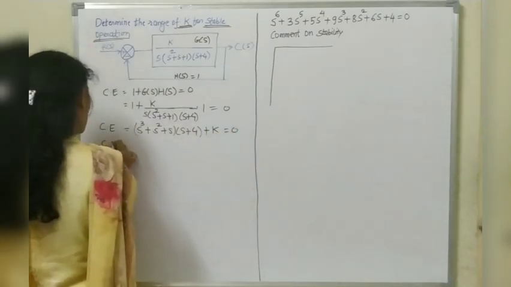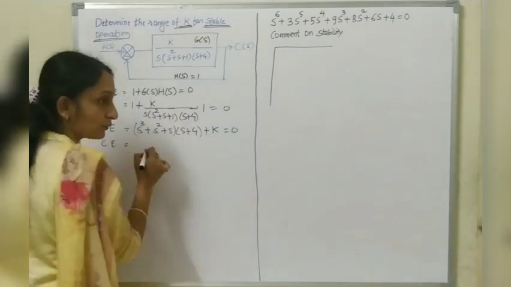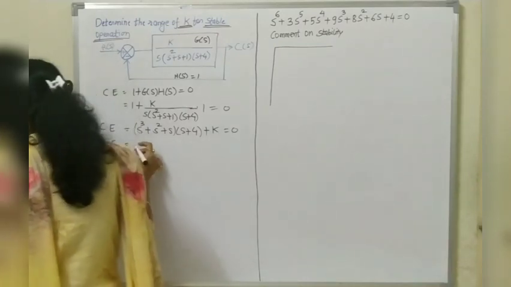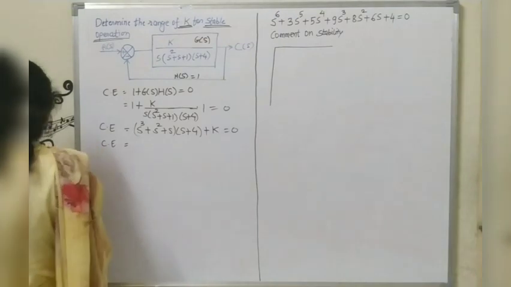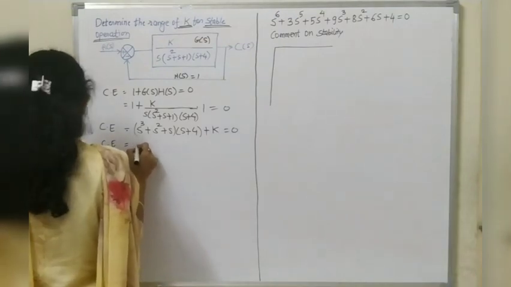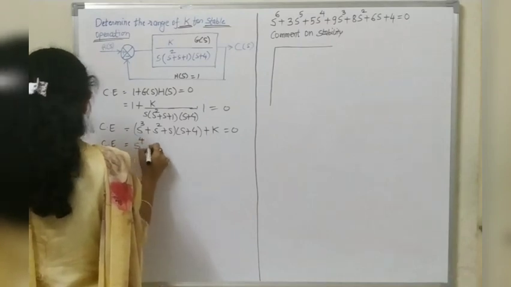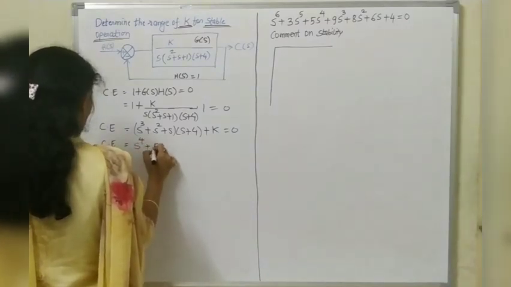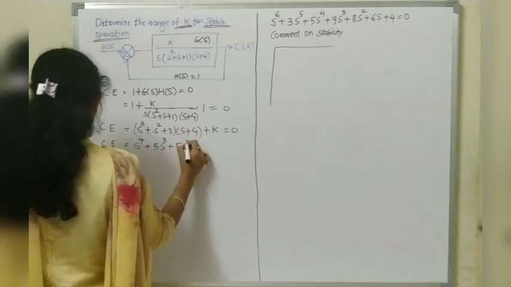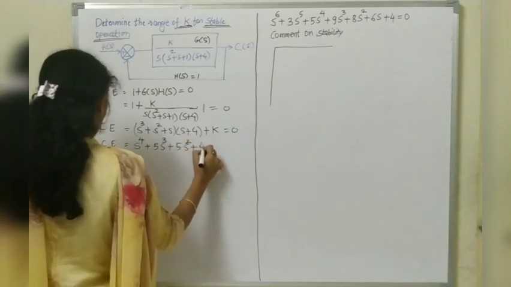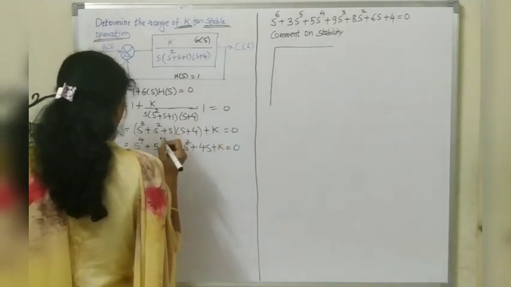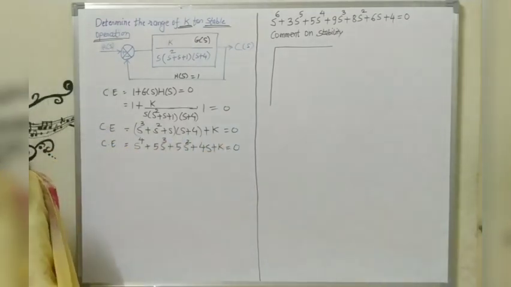Writing in final form, the characteristic equation is s raised to power 4 plus 5s cube plus 5s square plus 4s plus k is equal to 0.